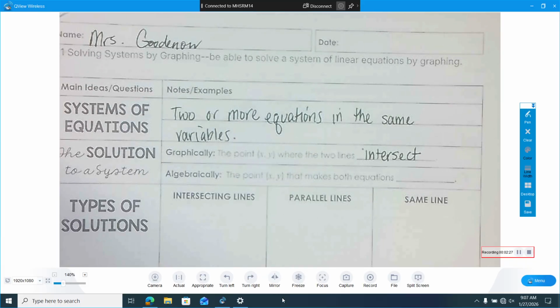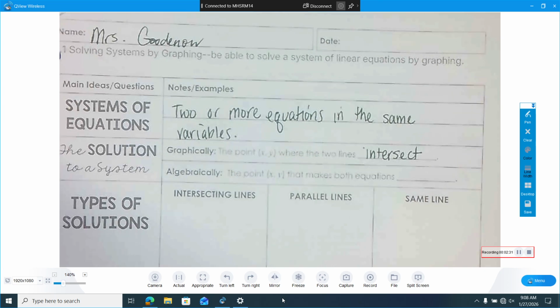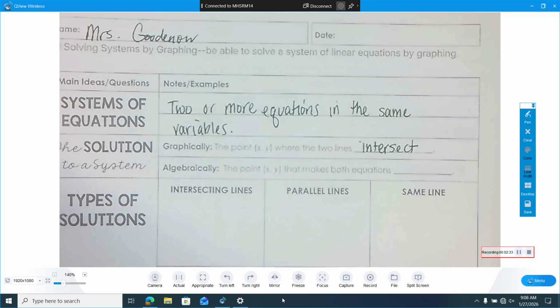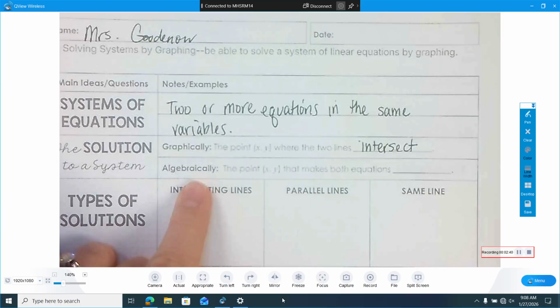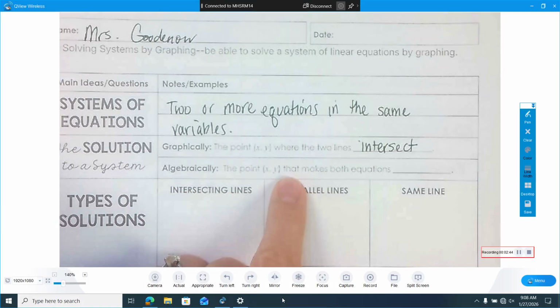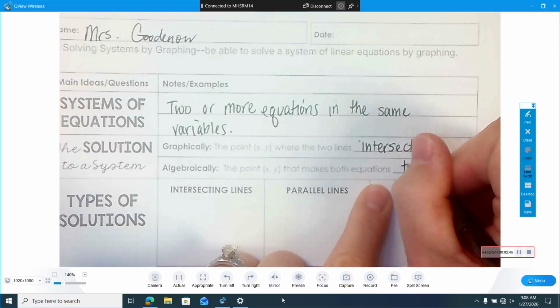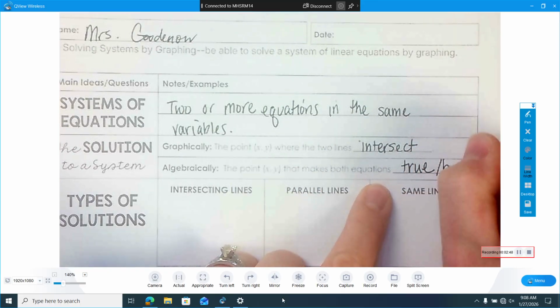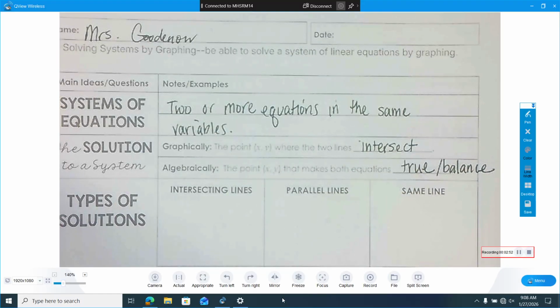So we're going to start today by graphing the equations that we're going to see. Where do they intersect? Where do they cross? And that's going to give us our answer. Algebraically, so when we do it with the algebra methods we're going to learn, it's the point x, y that makes both equations true or balance. All right? It's the x and y values that make the equations balance.